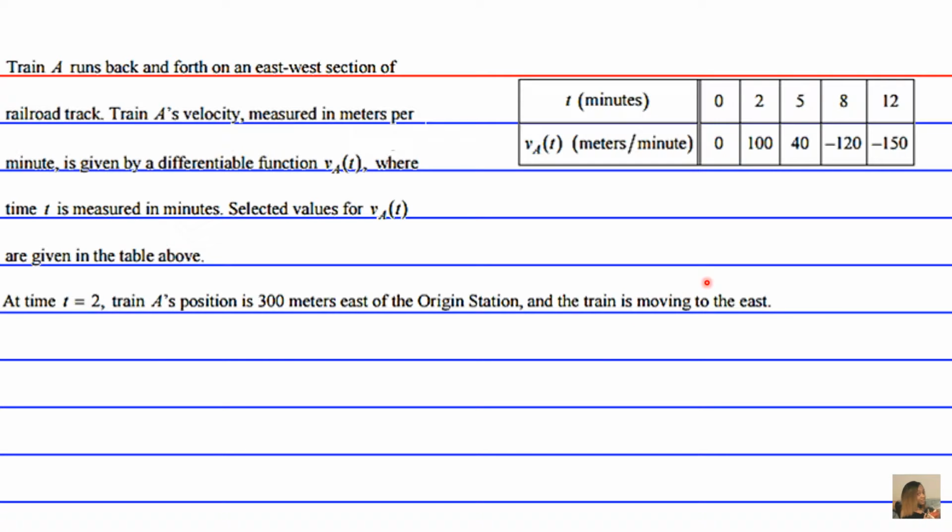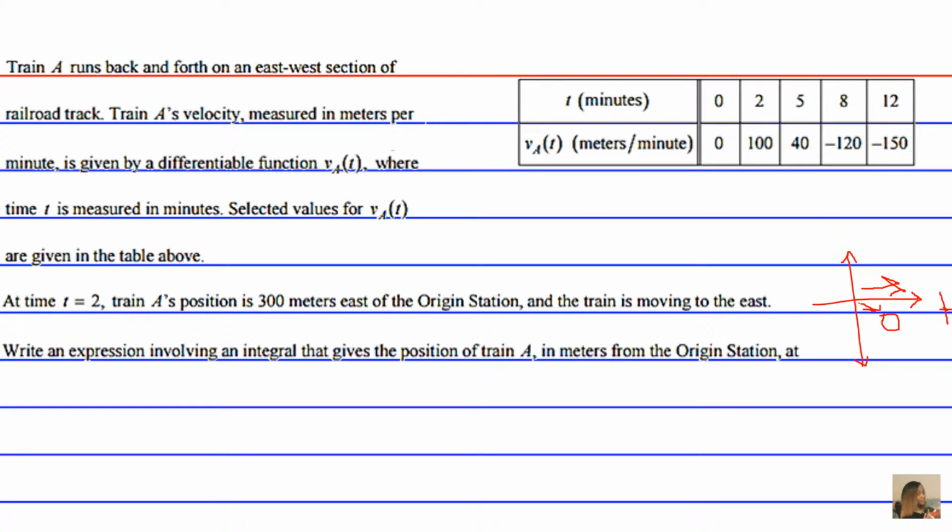So let's pretend that we have a Cartesian coordinate system, and this right here, the origin, represents origin station. That would mean that the train is moving to the east, or in the positive direction on the x-axis, but in this case, the x represents time, okay? All right, sorry for my rough shot drawing.